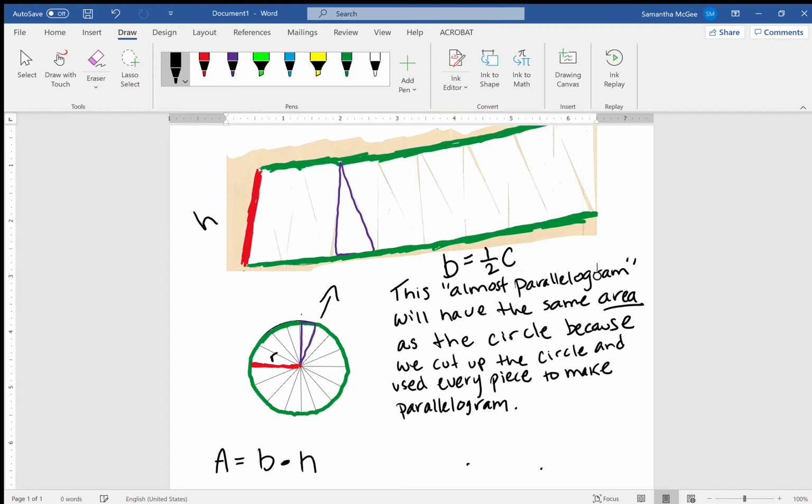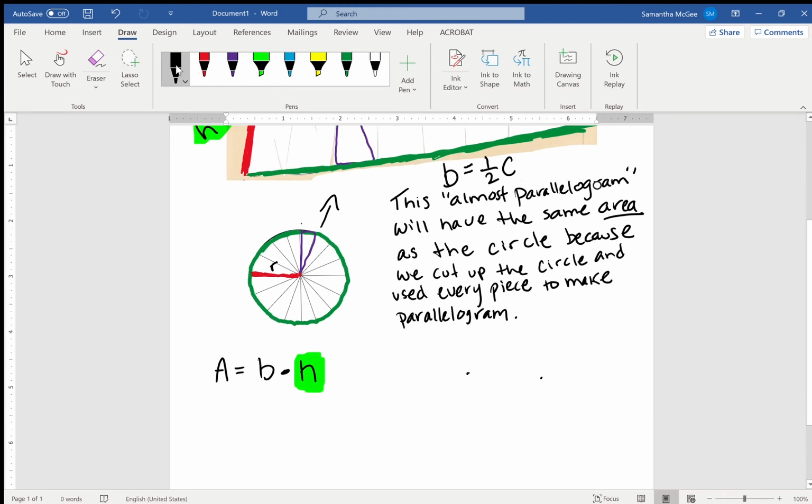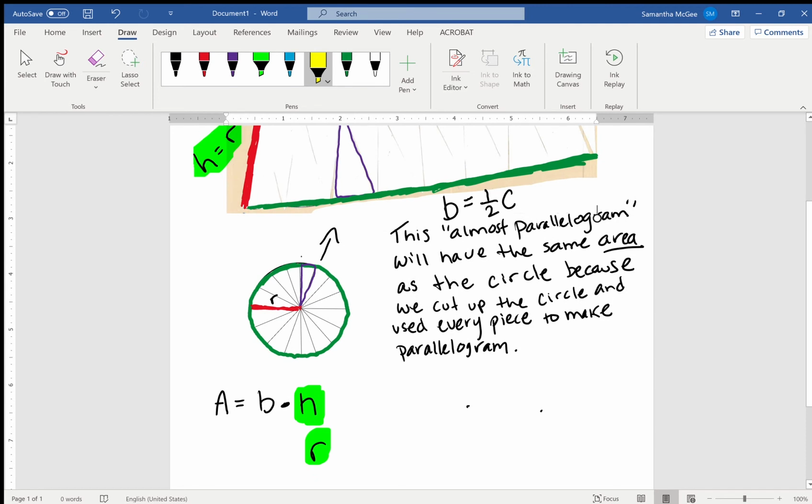And our height, we said earlier, is the radius, which I called R. So in our formula for the area of the parallelogram, I'm going to substitute these values. Instead of H, I'm going to write R. Instead of B for base, I'm going to write half the circumference, half C.